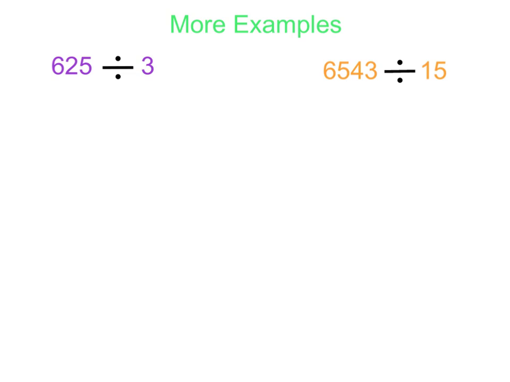So here are a couple more examples. And I'm going to use short division because that's probably the one that is newest to you, but my favorite. First, I'm going to divide my 6 by 3, and that is 2. I don't have any remainder, so I don't have to deal with that.